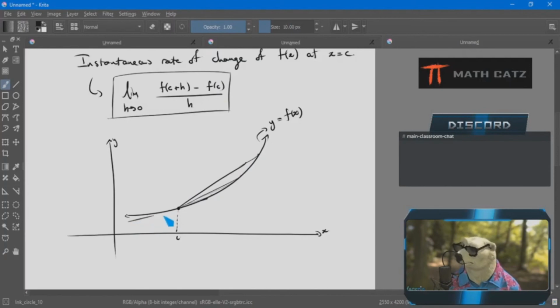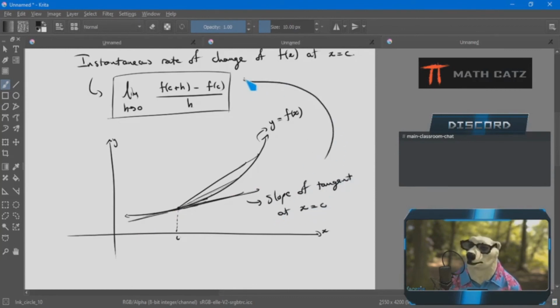What we end up with then is the slope of the tangent line at x equal to c. So this limit definition graphically is interpreted as the slope of the tangent line at the x value in question.